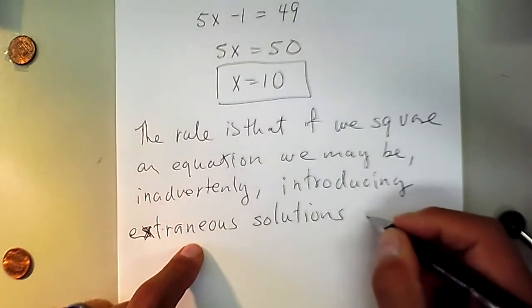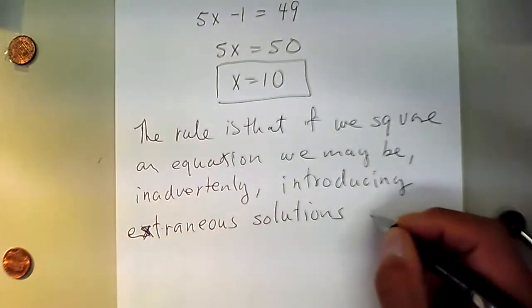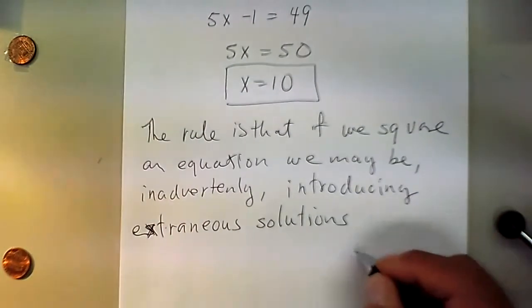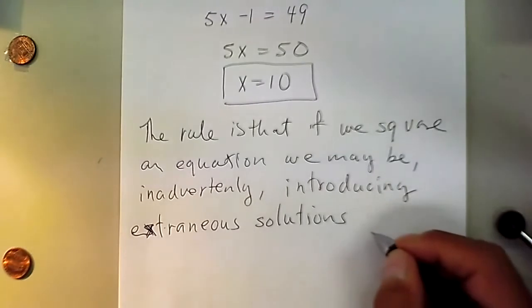Some solutions may filter into the party when they were not invited. That's what happens when we square things. In general, when we multiply by a variable, that could happen.